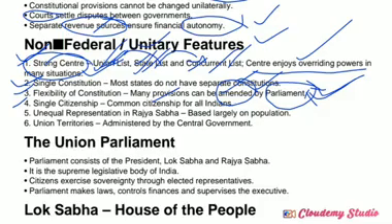So next one, unequal representation in Rajya Sabha. Unequal representation in Rajya Sabha means the election procedure and process of Rajya Sabha is based on population. The number of seats reserved in the Rajya Sabha is based on the state's population.